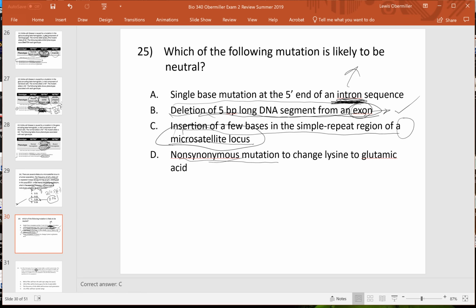Remember, microsatellites are generally found in the regions that aren't important. Non-synonymous mutations. Non-synonymous means that it causes the amino acids to change. So this would be bad. So this would cause a mutation. It wouldn't be neutral.